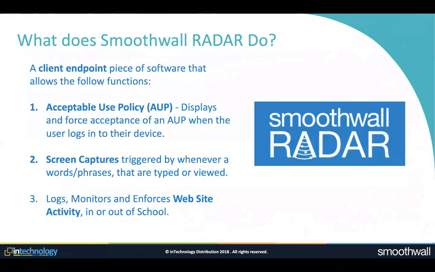And that follows the device no matter what kind of internet connection they are using or whether they are in school or out of school. So that means that Smoothwall Radar is able to provide a great form of logging of information no matter where the device is.